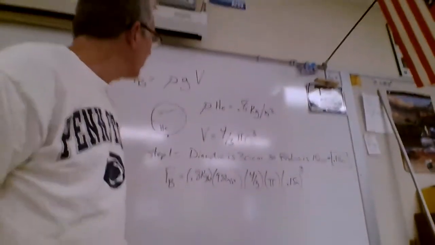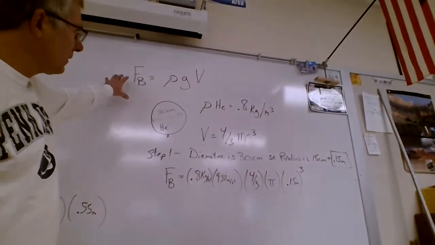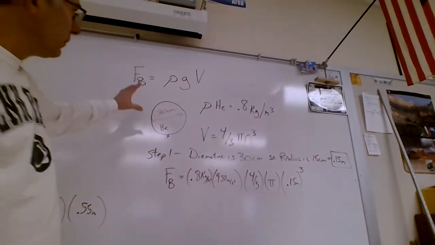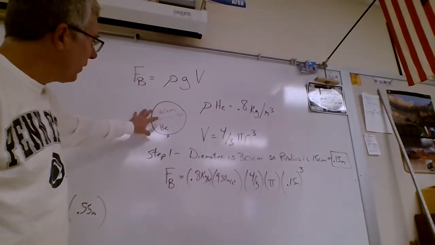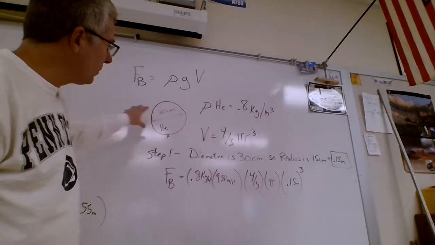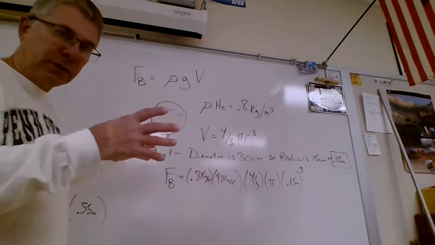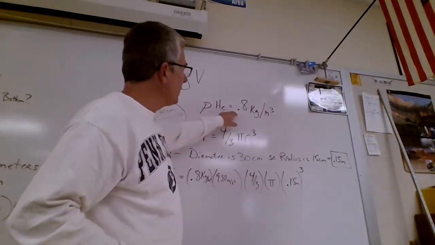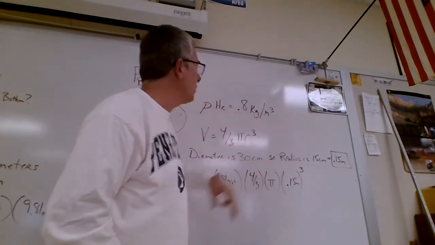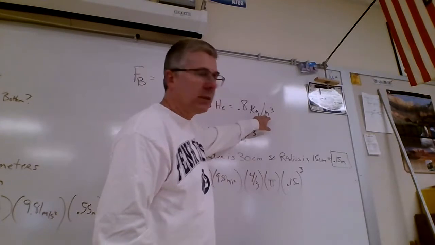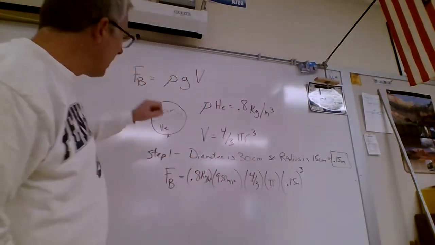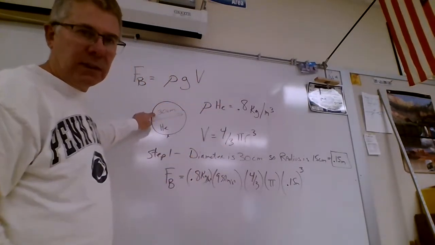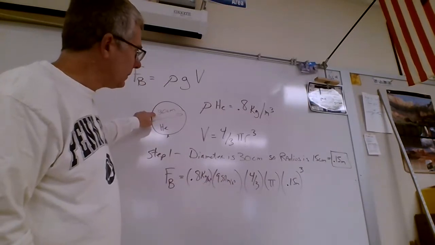Next one would be buoyancy force, okay? So we have a balloon, a 30 centimeter diameter balloon, a perfectly circular balloon, and we know that the density of helium is 0.8 kilograms per meter cubed. Now, look at the units, meters cubed, so that means the centimeters have to be converted into meters, okay?